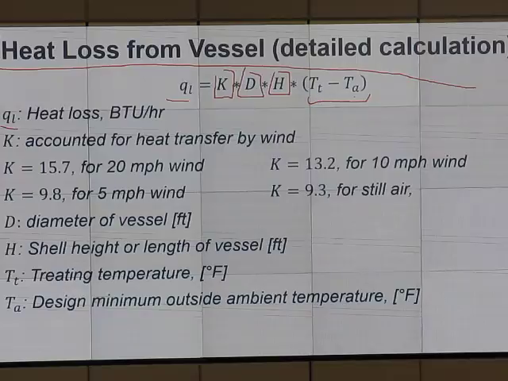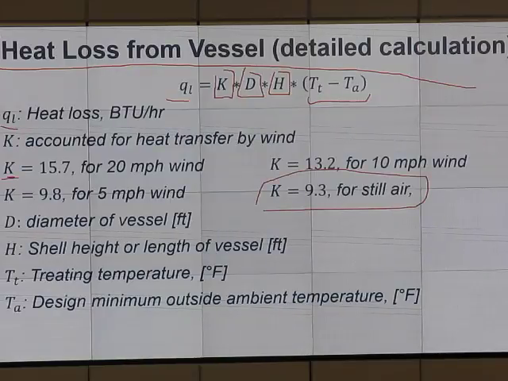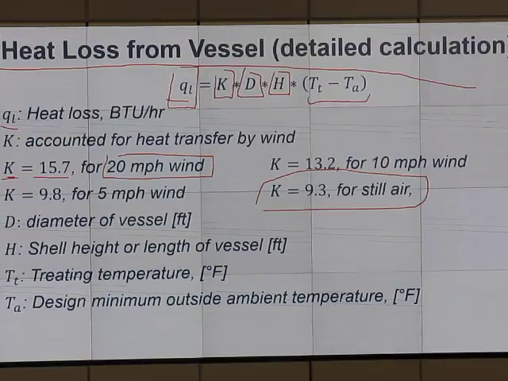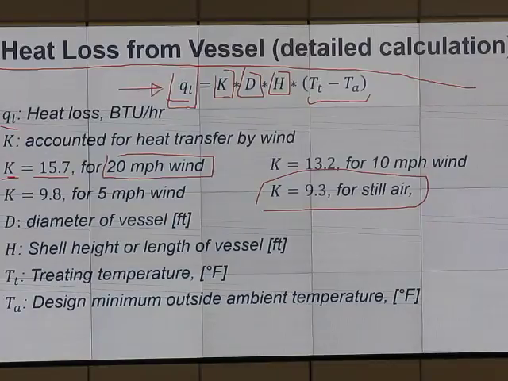If air doesn't move, K is 9.3. If air moves very fast, like 20 miles per hour wind, then K goes up to 15.7 or so. So if wind blows on the separator, it loses more heat to the environment, and we have to take that into account and generate a little more heat.